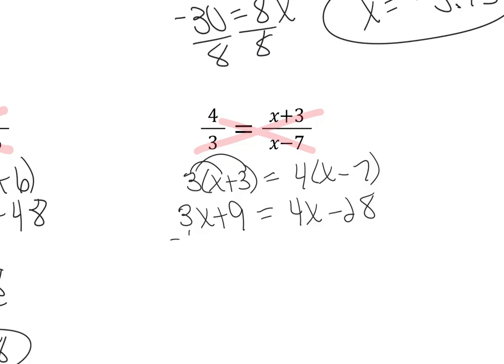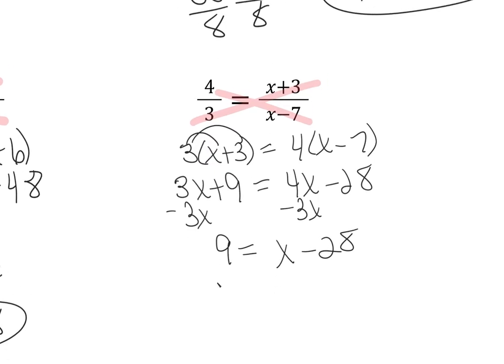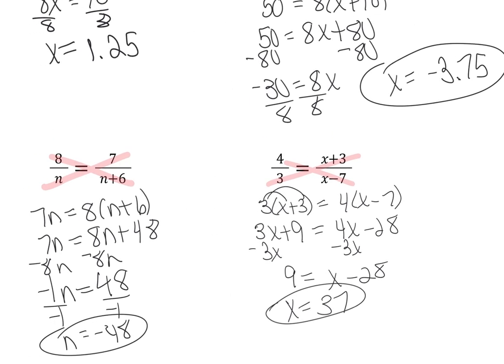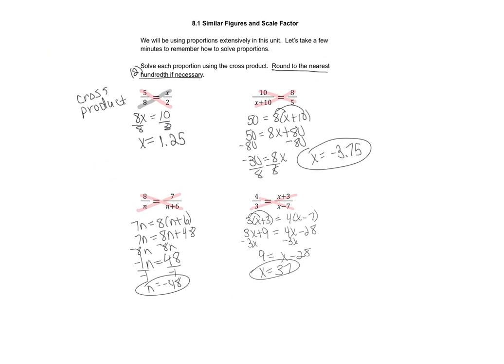I'm going to subtract that 3x from both sides to get my x's all on one side. And then I'm going to add 28 to both sides, and I get x equals 37. Okay, so we will be solving proportions a lot in this unit, so let's make sure that we know how to do that.